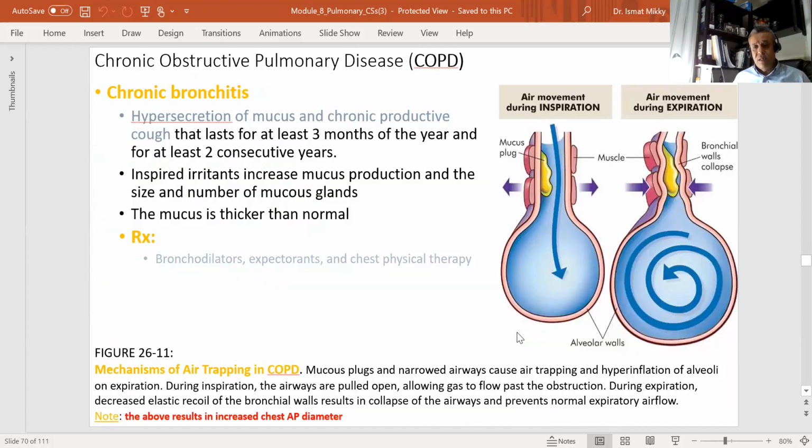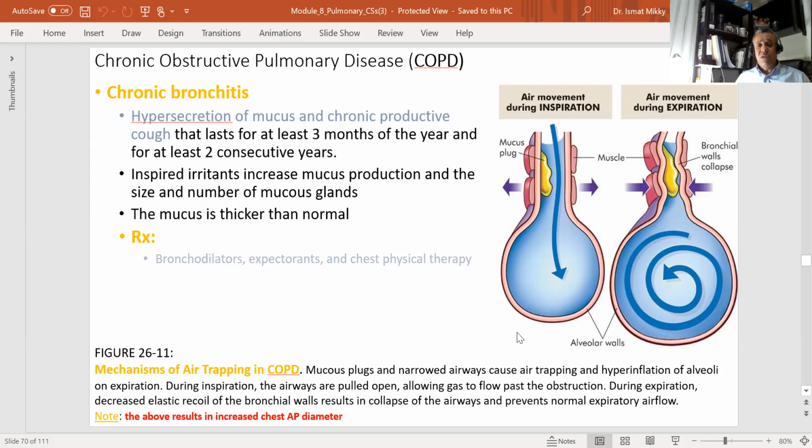So chronic bronchitis, which is the hypersecretion. The distinction between emphysema and chronic bronchitis is that in chronic bronchitis, the key is the hypersecretion of mucus and chronic productive cough. We don't anticipate patients with emphysema to have these specific manifestations.